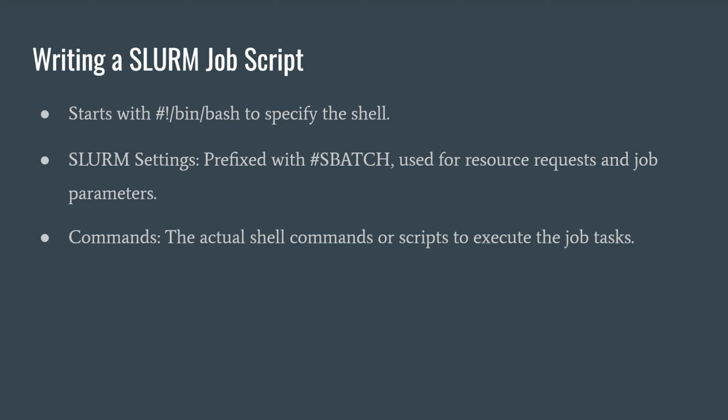But just as an overview, this is where we're defining all those different resources, like we were talking about earlier: the memory, if it's using a GPU, how many nodes we're using, that type of stuff. And then as well as the actual command to run the particular script that you want.